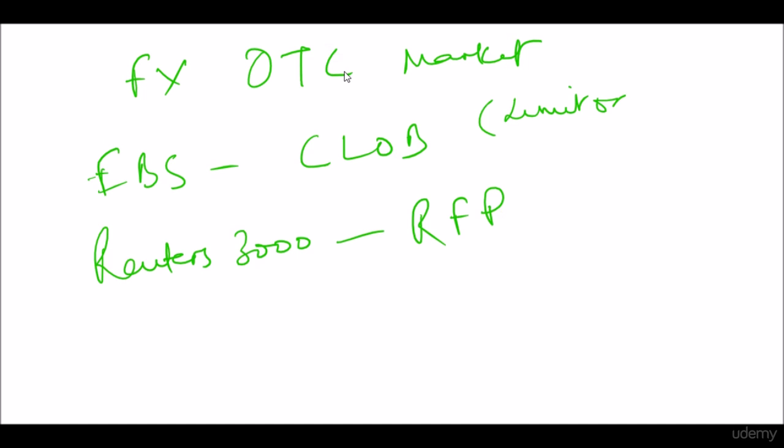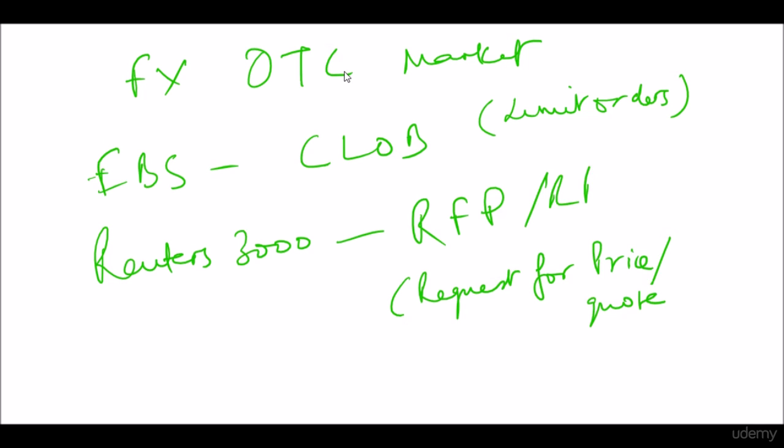It is a transparent system that matches customer orders by matching the highest bid with the lowest offer. So in this CLOB model, the customers can trade directly with the dealers, dealers can trade with other dealers, and customers can trade with other customers.